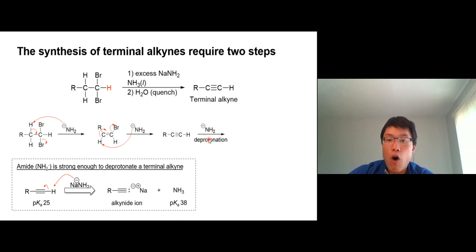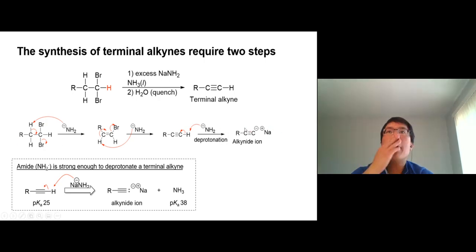So the leftover sodium amide, which is a lot, will deprotonate this terminal alkyne and go all the way to the alkynide ion. Notice that this is an ionic compound. From now on, if you see any ionic compound, anything that forms an ionic bond is really stable, and that is the driving force that drives the whole reaction forward.